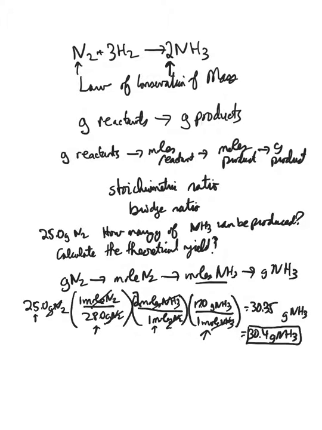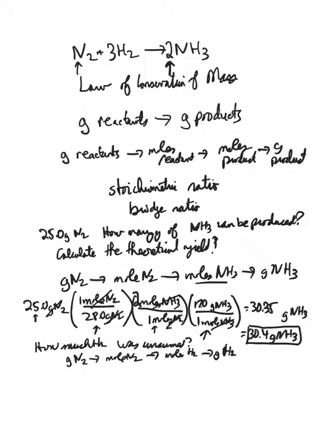Let's see how much hydrogen was also consumed in this reaction. How much H2 was consumed? And so we're going to do a similar process. We're going to go grams nitrogen to moles nitrogen to moles H2 to grams H2. And so 25.0 grams of nitrogen. 1 mole of nitrogen is the same as 28.0 grams of nitrogen.